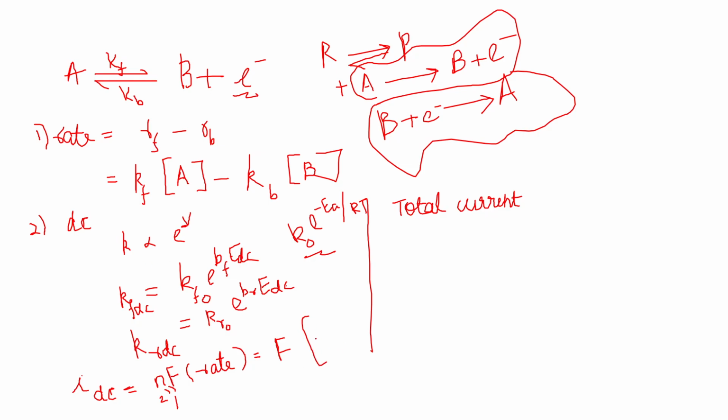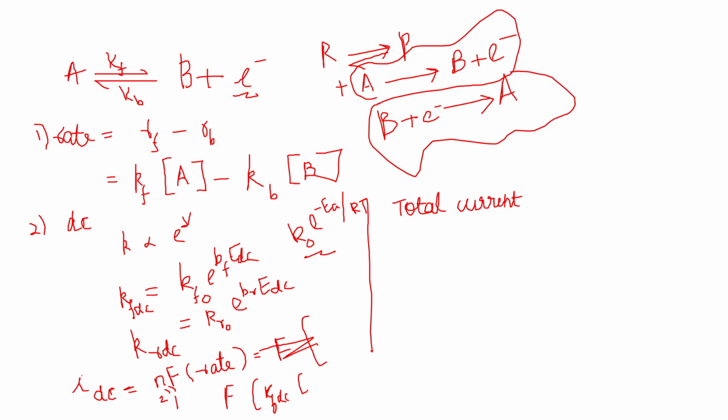Because it's only DC, I'll write it here. Because it is only DC, I'll be writing it as F into KFDC, where the KFDC is already found out at the top, Kf naught e to the power B into EDC.